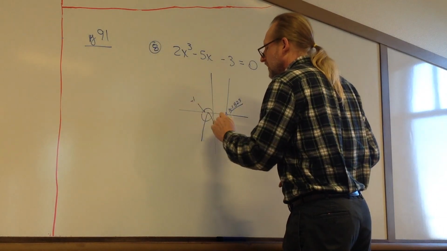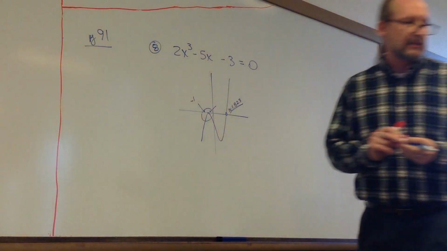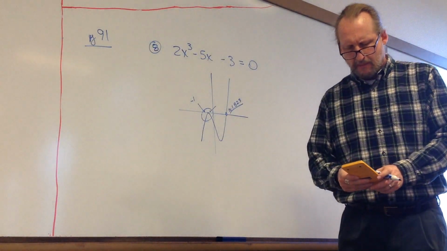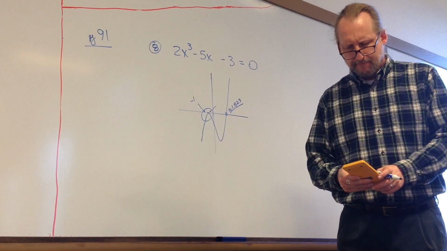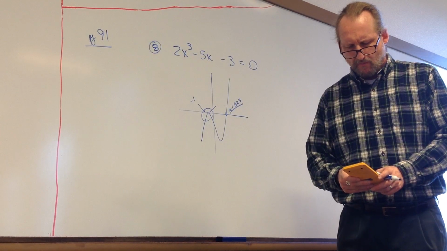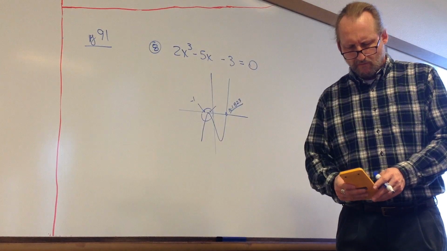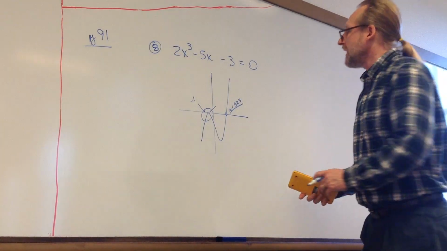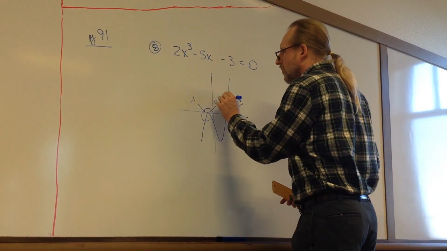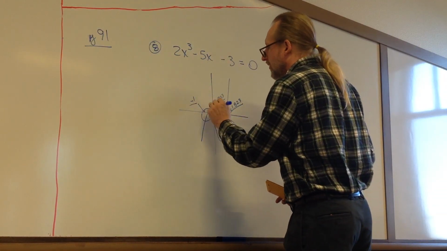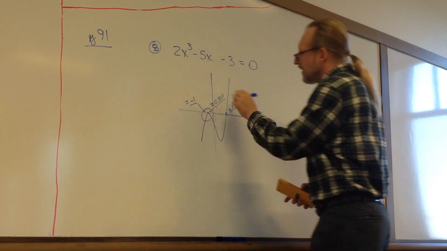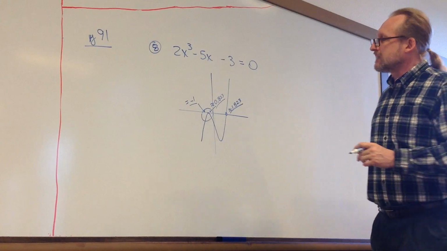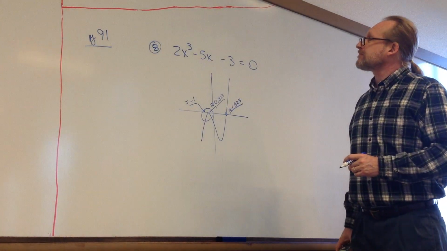We've got one root at -1, and then let's see what the other root is. And that root is 0.823. So we've got 3 roots. 2 of them are irrational values, and one of them, like I said, is a rational number.